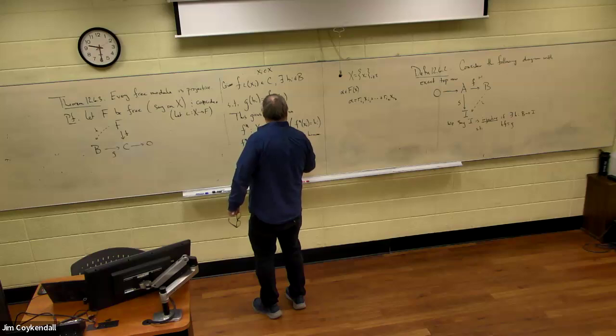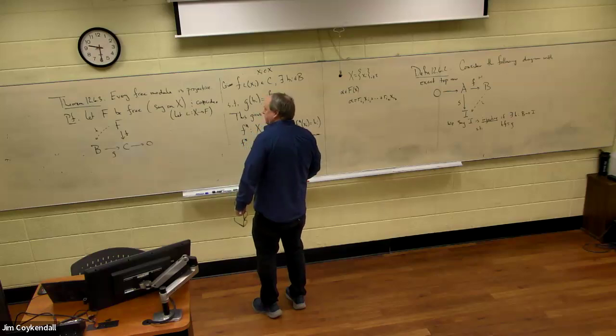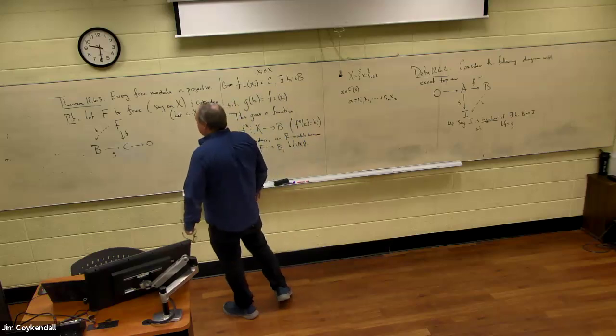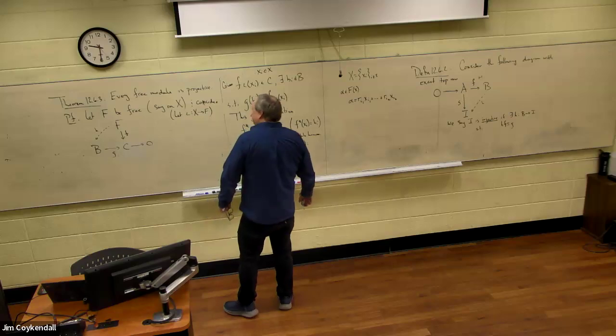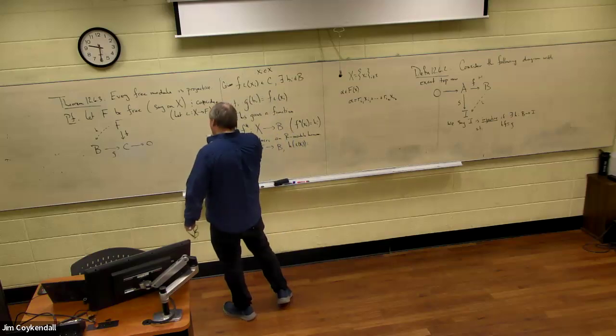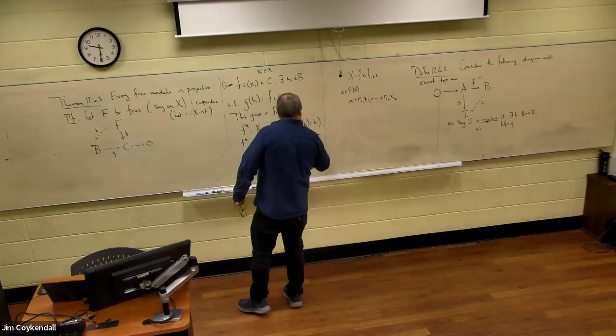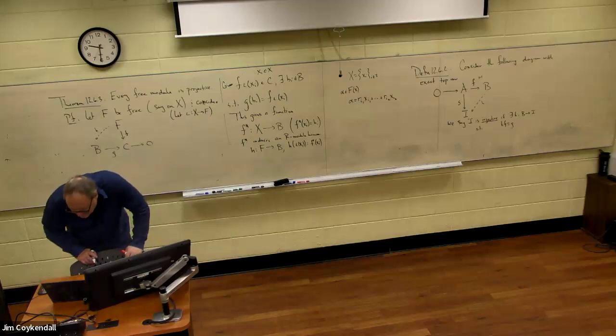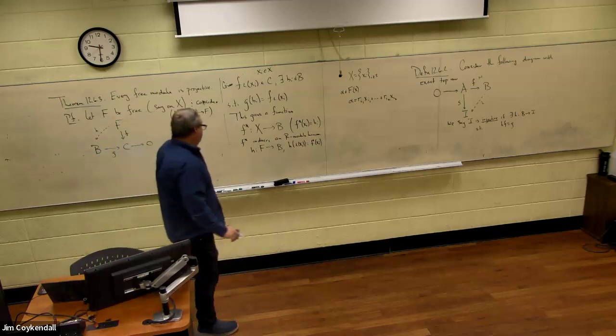But so h of iota xi should equal f star of xi, which equals, of course, bi.